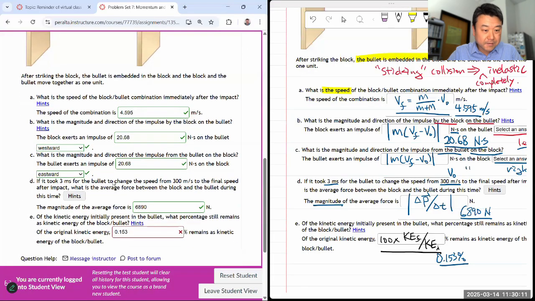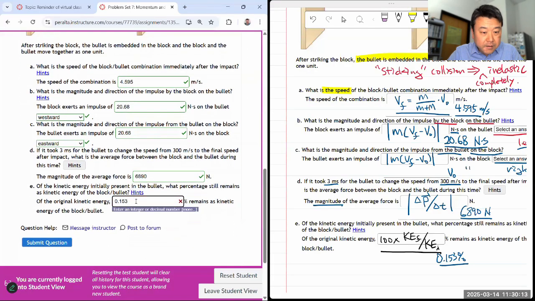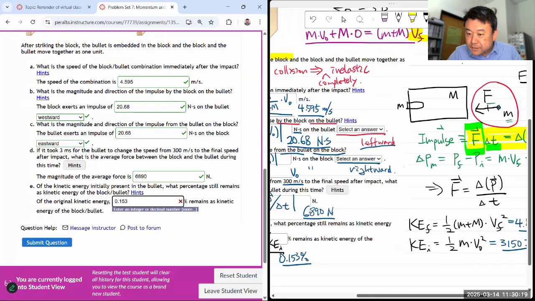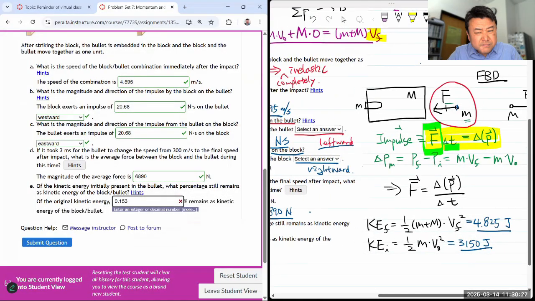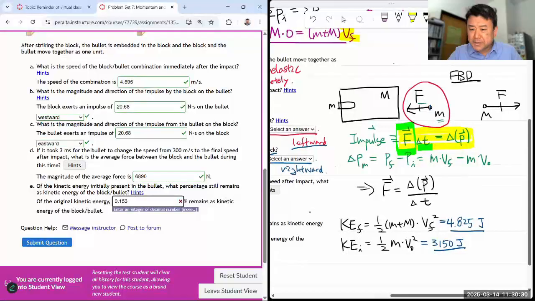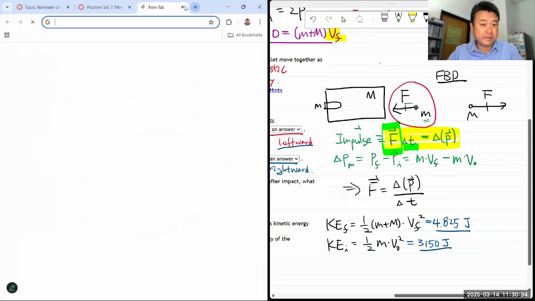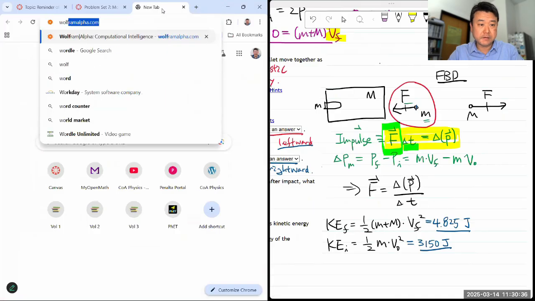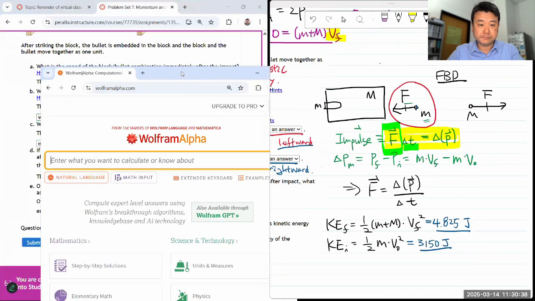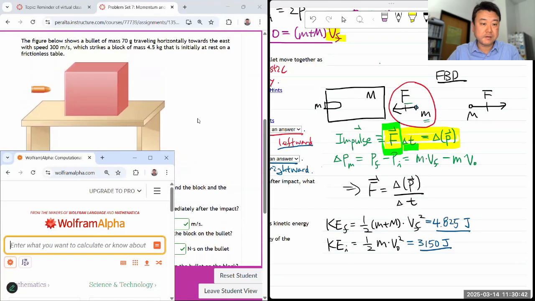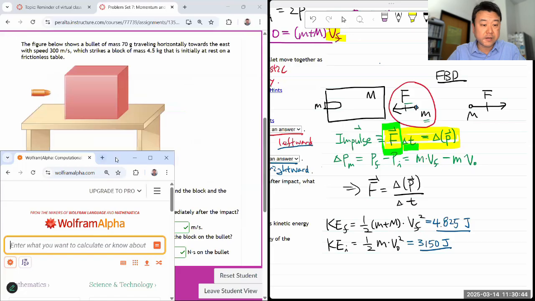I missed something. What did I miss? No. Did I make a mistake? I mean, the expressions are right. Let me do this on Wolfram Alpha in case I made a typo, maybe. It's always possible. I could have made a mistake on the calculator.